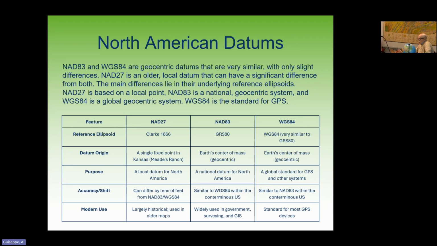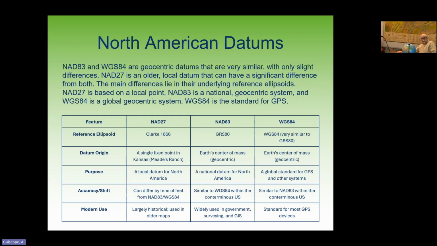And things to remember are the North American datums. We use three. The NAD 27, which is based on Clarke 1866, NAD 83, which uses GRS 80, the gravitational one, and WGS 84, which is the one used in GPS units. Now, there are differences between NAD 83 and NAD 27, just because of how they were made. So you have to be very aware of that in your mapping, especially going from old maps to new maps.